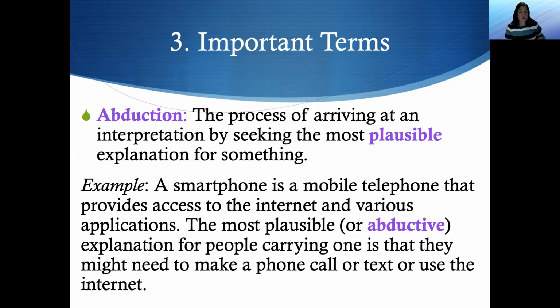A smartphone is a mobile telephone that provides access to the internet and various applications. So the most plausible or possible or abductive explanation for people carrying one is that they might need to make a phone call or a text, or they might need to use the internet.